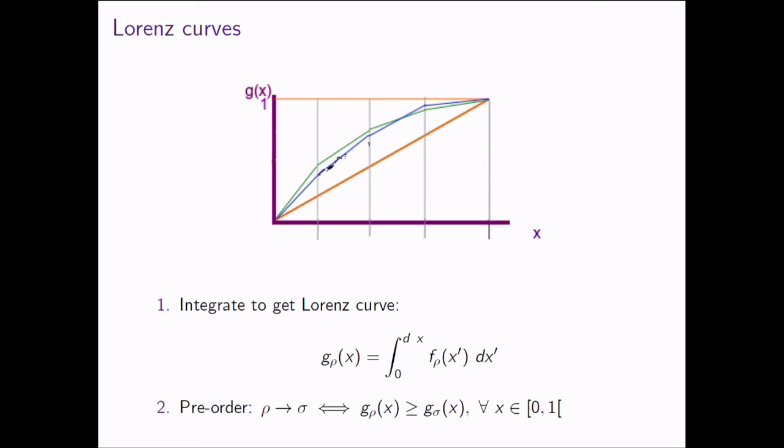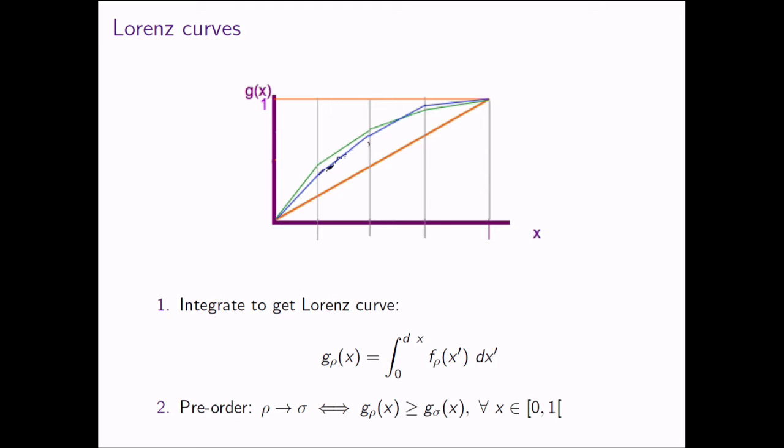So the straight line corresponds to the maximally mixed state. And all the others are above the straight line. And now how do you visualize your pre-order here? It's very simple. If one curve is completely above the other, then you can do this transformation, right?